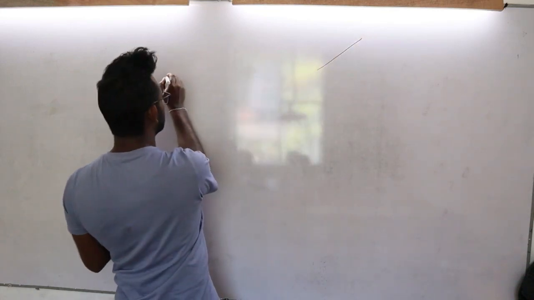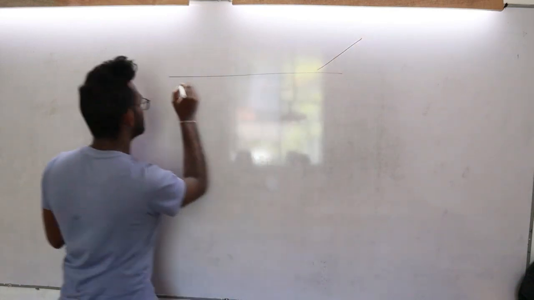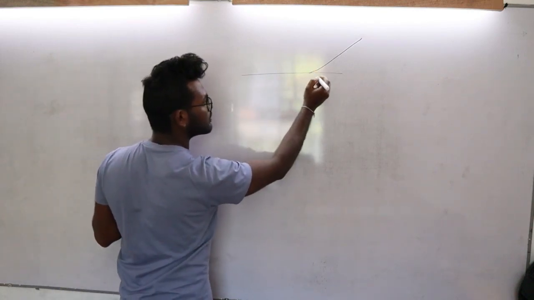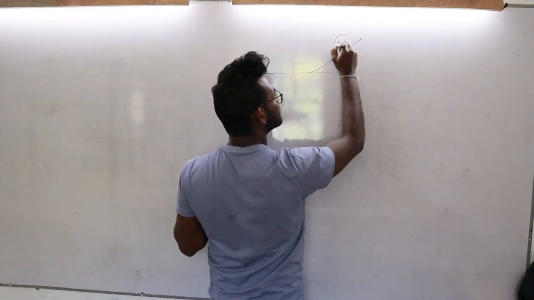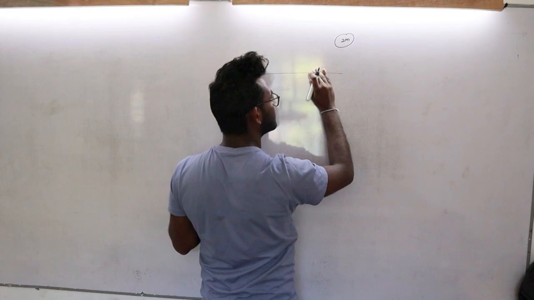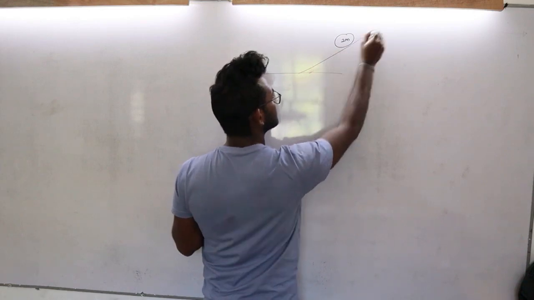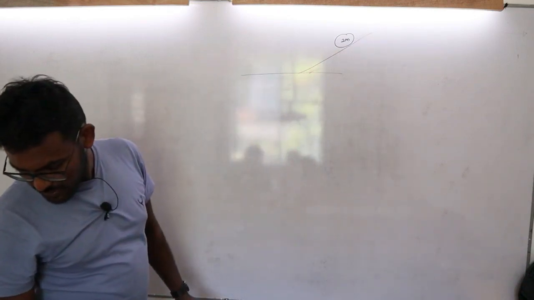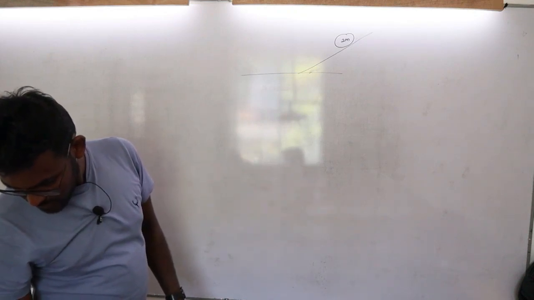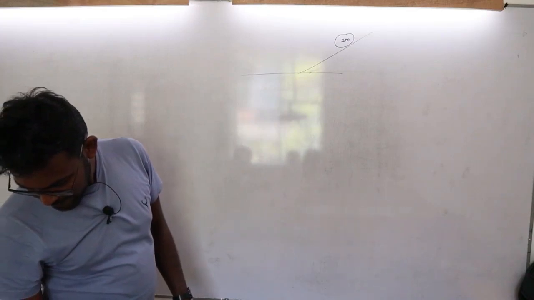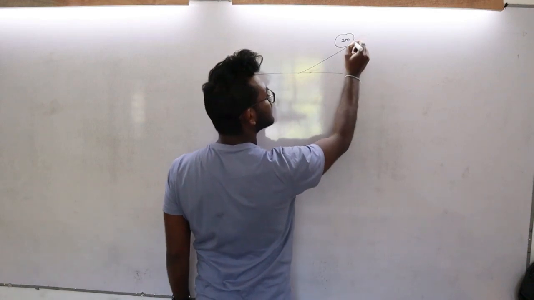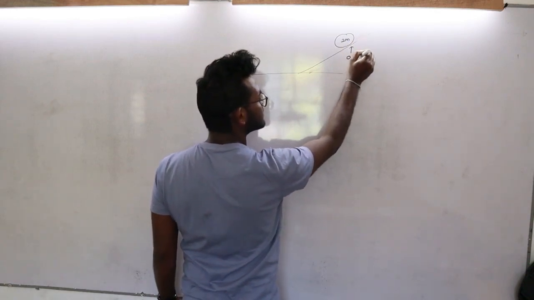So let's just first understand what the question is. There's a mass of 2m, which is placed on this inclined plane like this, which is of height 0.8 meters.